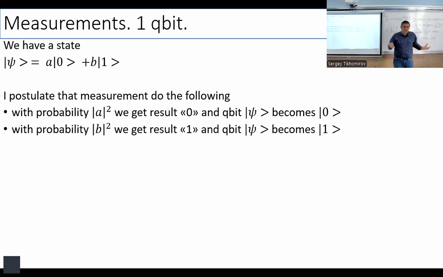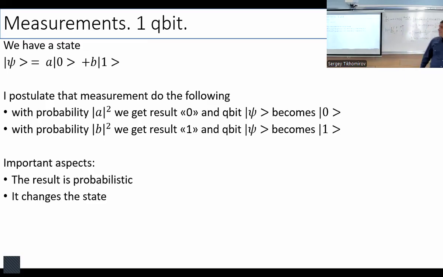In a typical situation, you have a quantum computer and a normal computer nearby. So now you get this 0 in your classical computer and can use it however you want classically. But at the same time, your state becomes 0. And this is the basic operation of measurement.